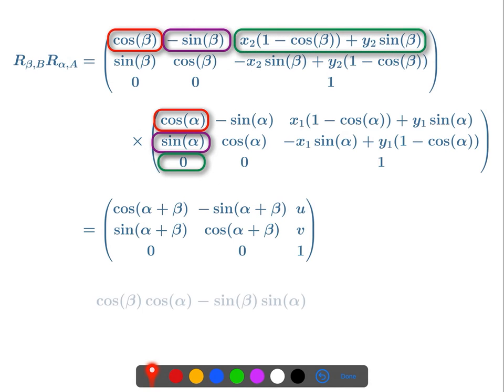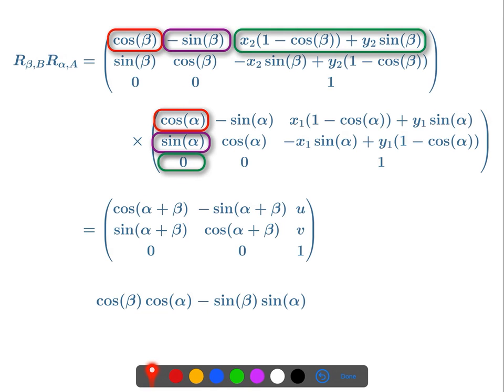Okay, so we're just ending up with cosine beta cosine alpha minus sine beta sine alpha for the dot product of this and this. And it should be this, and we can see it is. This is the formula for the cosine of alpha plus beta. It's cosine alpha cosine beta minus sine alpha sine beta. So this is in fact equal to that, which is the dot product of this and this.